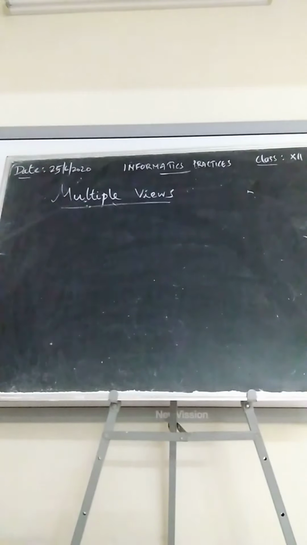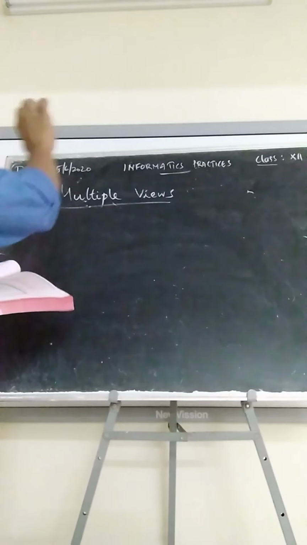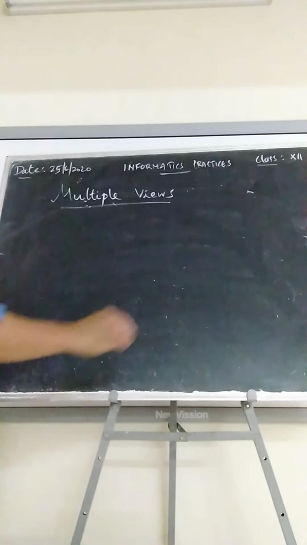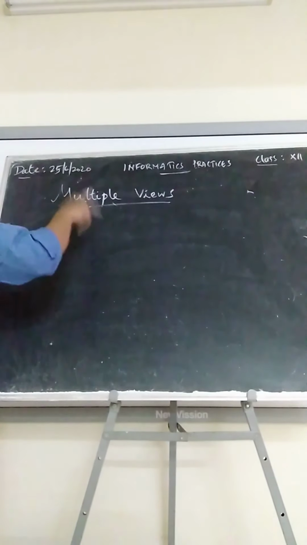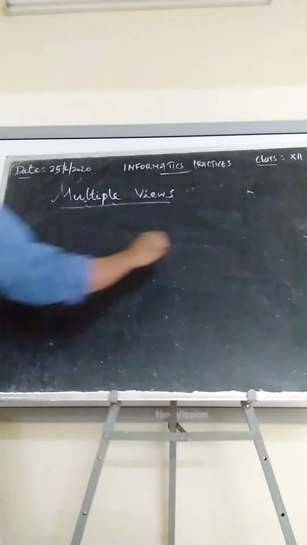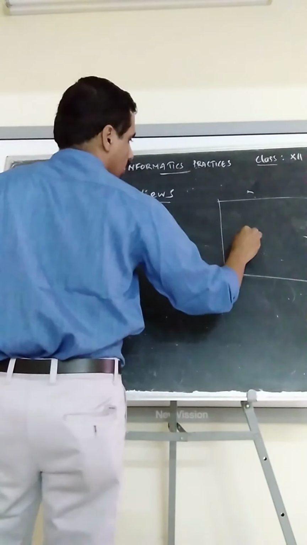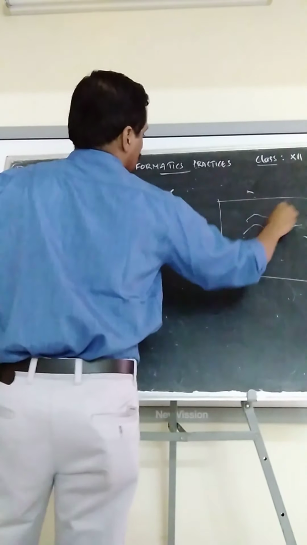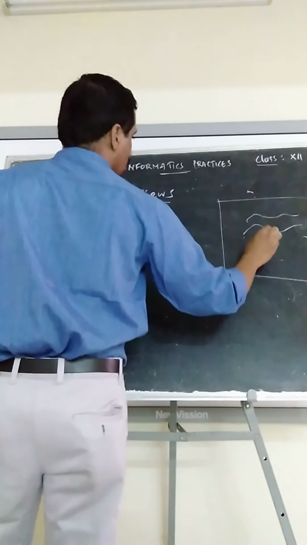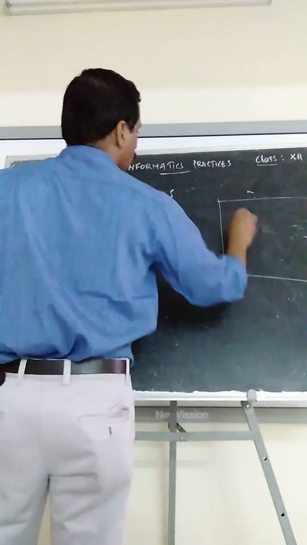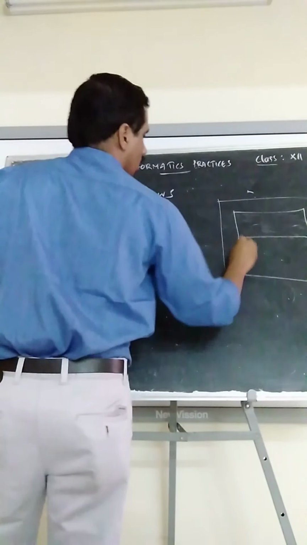Multiple views means we can have more than one graph in the same window, but they will have different separate grids or separate frames, not in the same frame but one window, different frames. In the previous example it was one window with two graphs. Now multiple view means here one and here one.